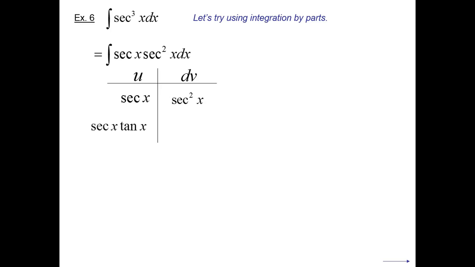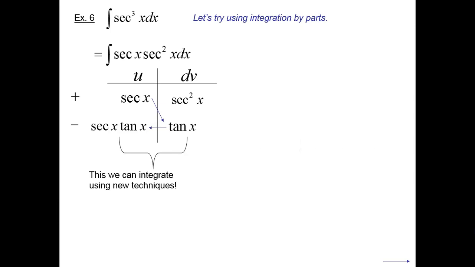Taking the derivative of secant x, we get secant x tan x. Taking the integral of secant squared x, we get tan x. Remember when we talked about integration by parts, you want to stop when you get to something we can integrate. Well, this last row can now be integrated using some of our new techniques.